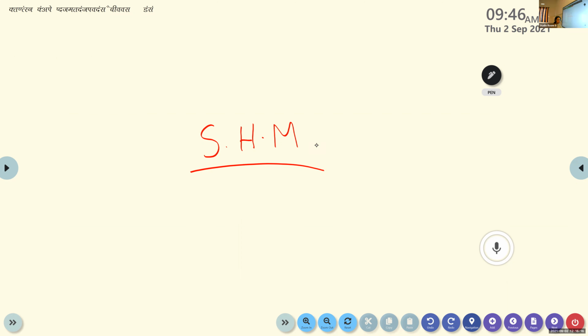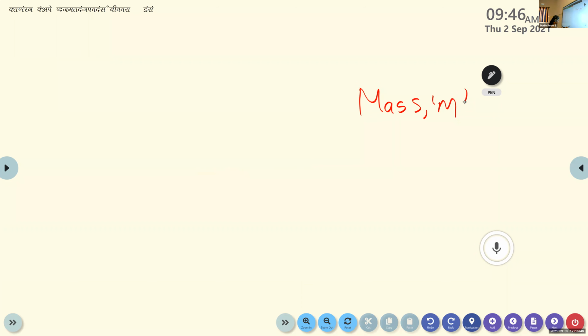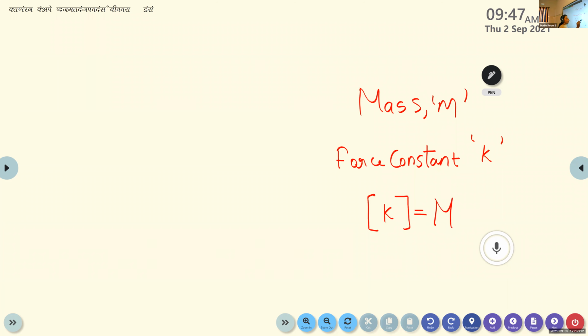Given that the period of oscillation depends on mass M and force constant K, such that K is equal to MT raised to minus 2.